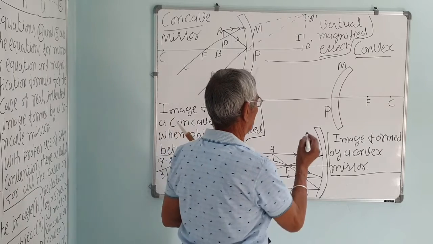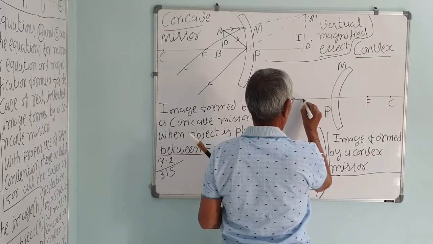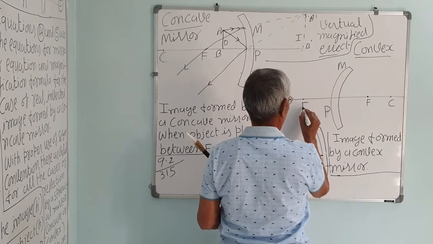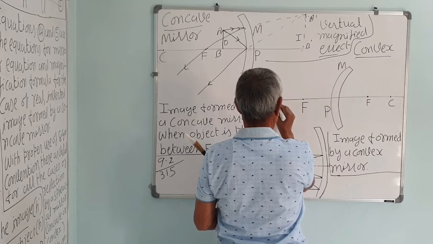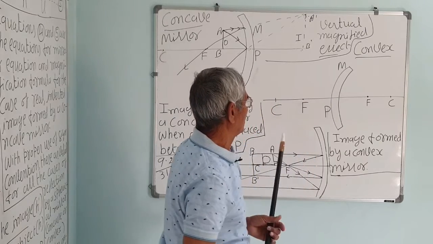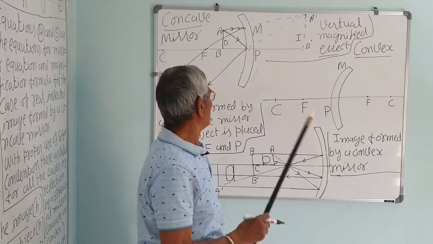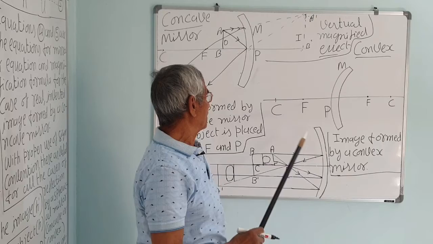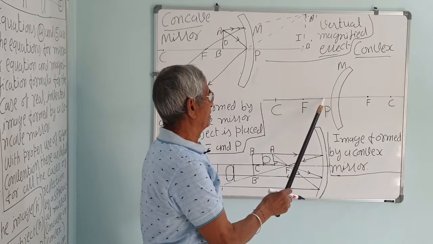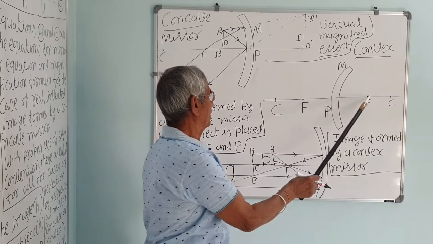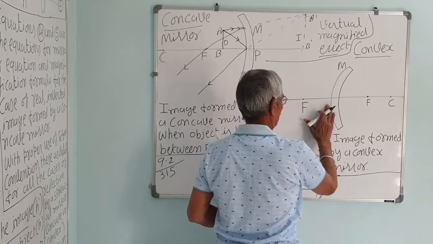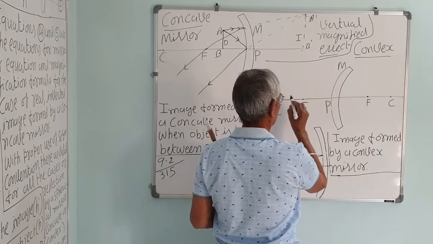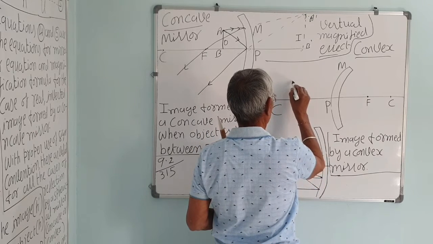If this is say F, so this is C. In the case of the convex mirror, if your object is very far, at infinity, then the image will be at F. Or if the object is anywhere here, then the image will form between the pole and F. Let us take two rays on the object. Suppose the object is here.